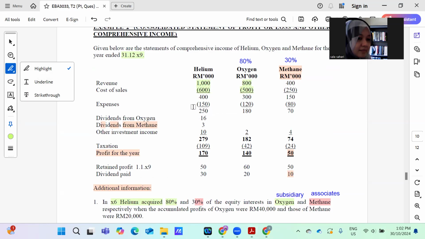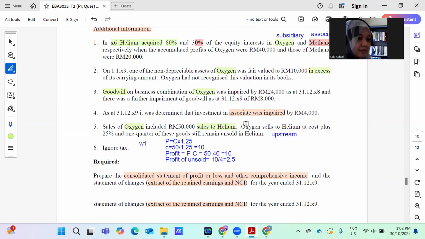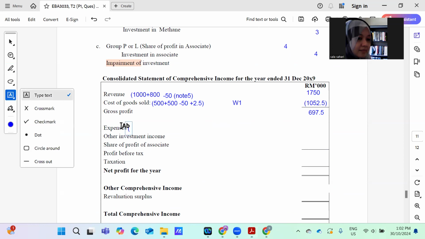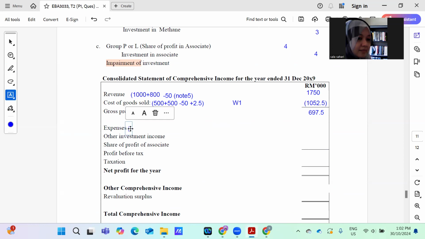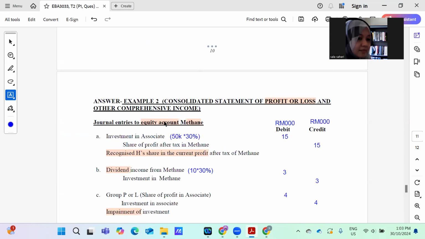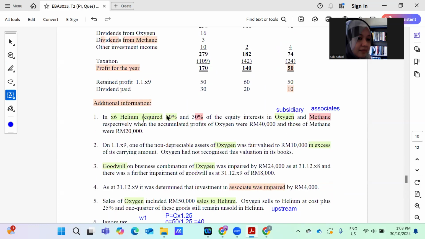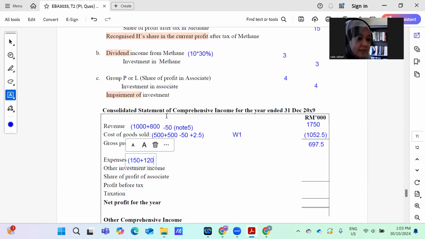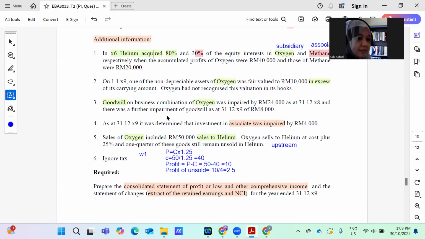Expenses: 150 plus 120. 150, oh sorry, 150 plus, how much is that? Oh, 120. 120. And then let's see notes number 3.